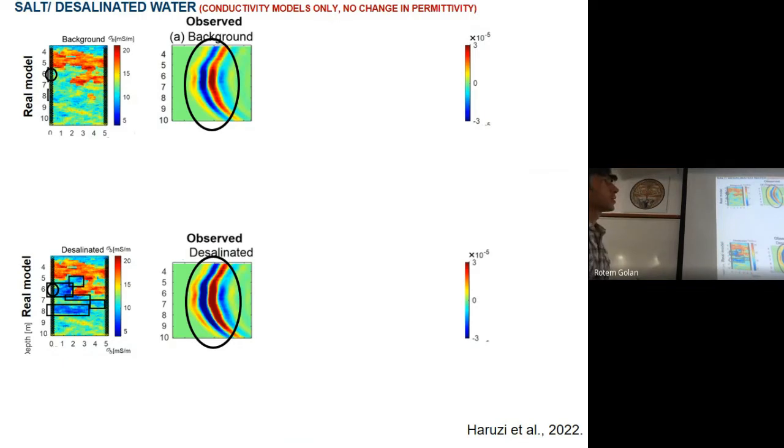What we see here are the electrical field. Each horizontal line is a waveform measured at a receiver at a specific depth. And we see an increase in the amplitude when the electrical conductivity was decreased in the desalinated water. This is what we expect.